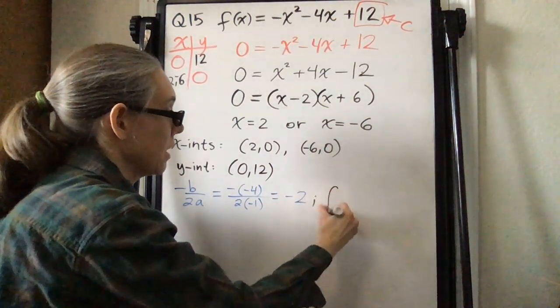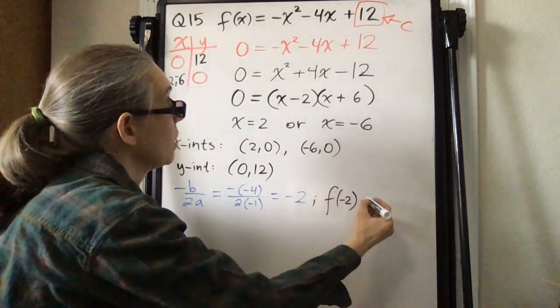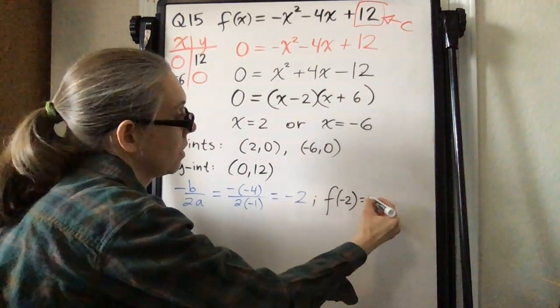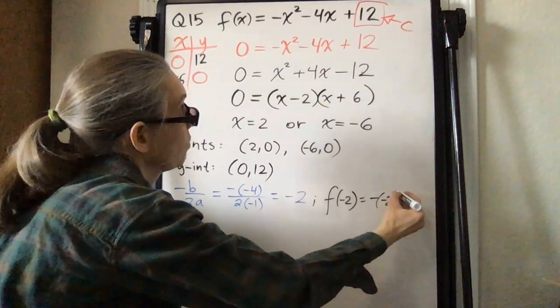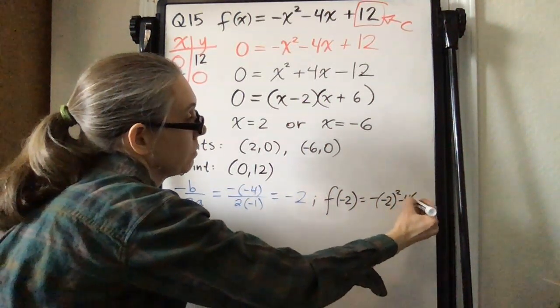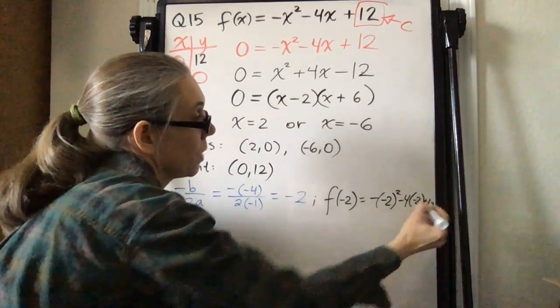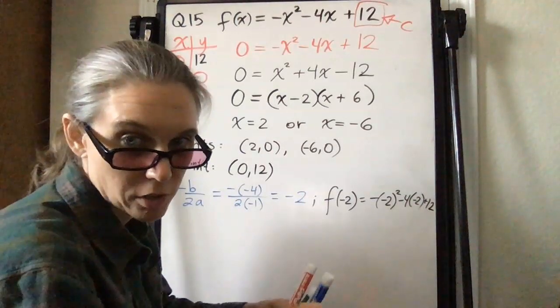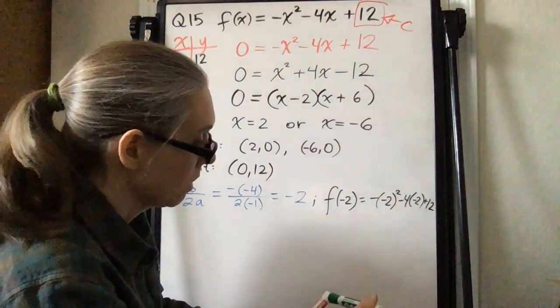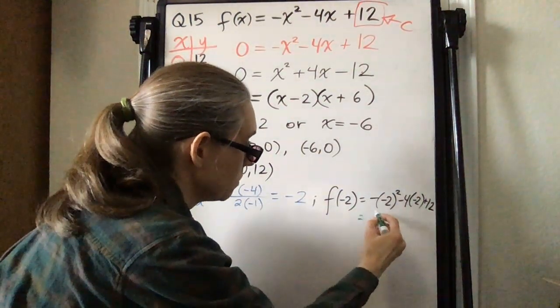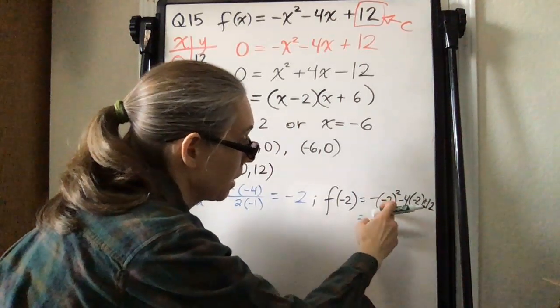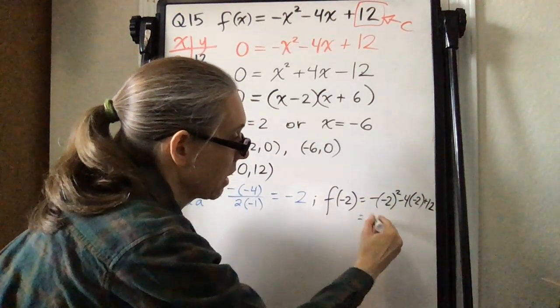When you plug in negative 2, what you end up with is negative 2 squared minus 4 times negative 2 plus 12. Sorry, I got that crunched there. That is going to be, negative 2 squared is positive 4 with a negative out front.